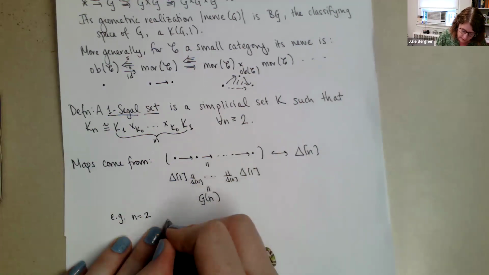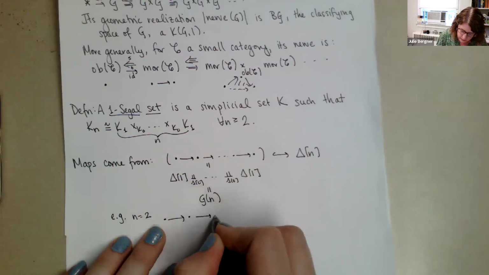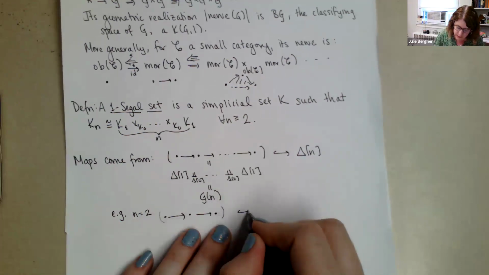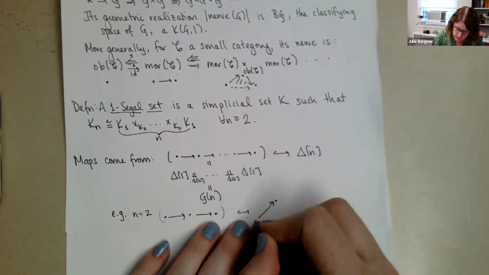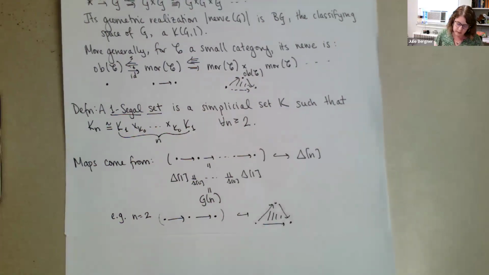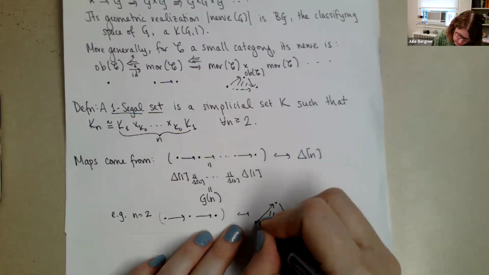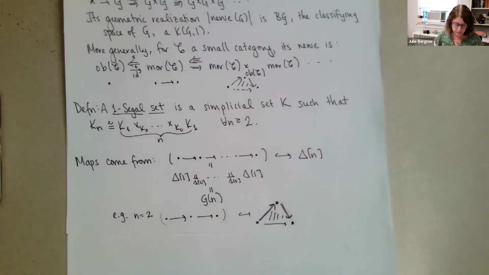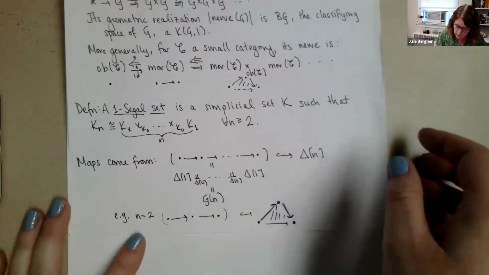So you have your pair of composable arrows, and this includes into a 2-simplex. And maybe I'll put some color here. So it's just this inclusion here. And then you can imagine having these for higher dimensional ones as well.